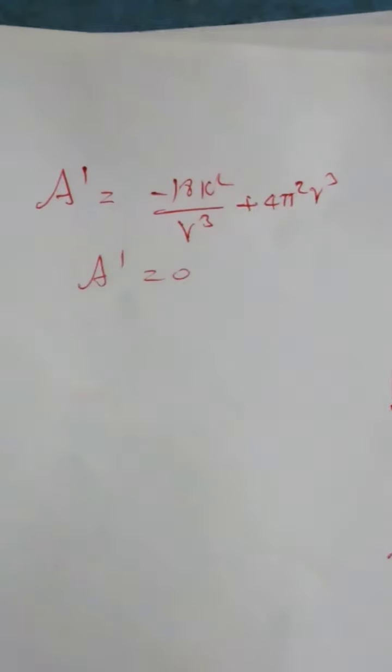So next step is, now you equate your derivative to 0. So what was your derivative there? Your a dash was minus 18k square by r cube plus 4 pi square r cube. Now when you equate this to 0, what's going to happen?